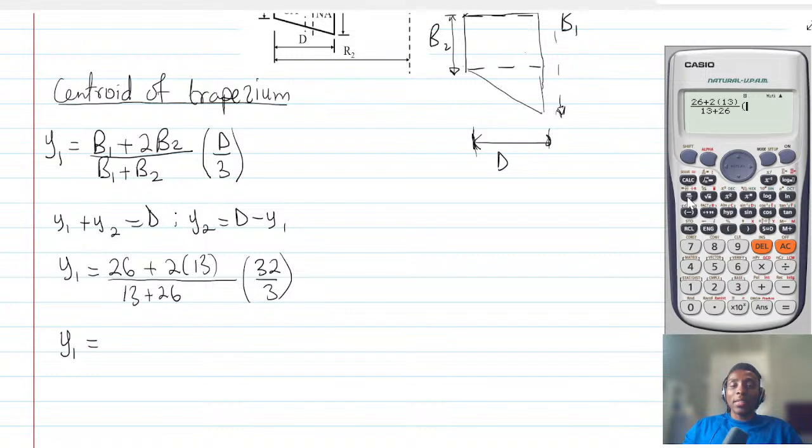Then you multiply this by 32 divided by 3. So we are going to get 14.22 in millimeters.